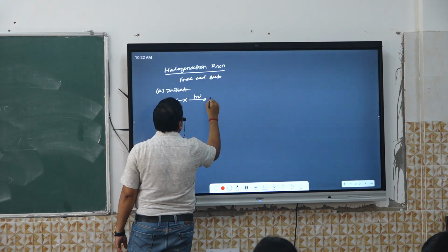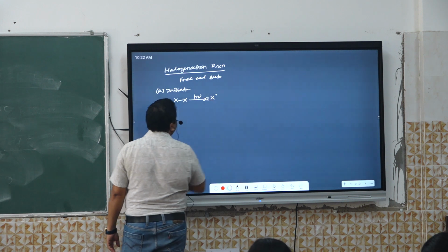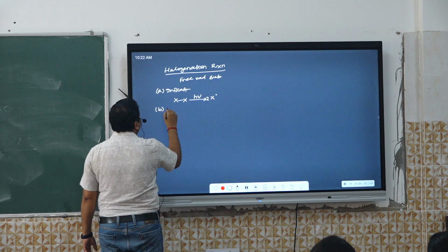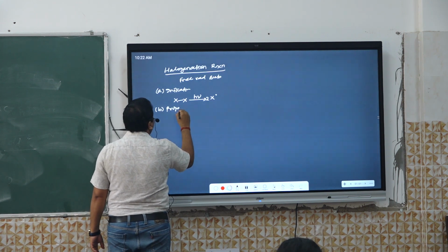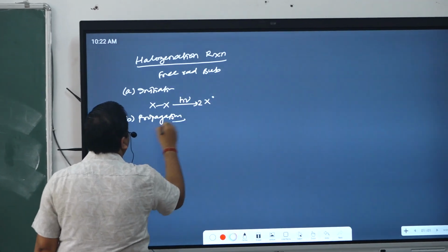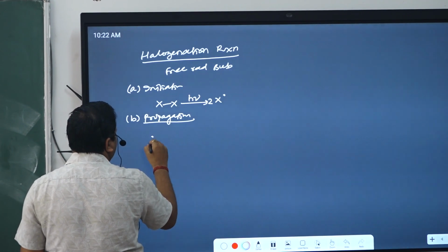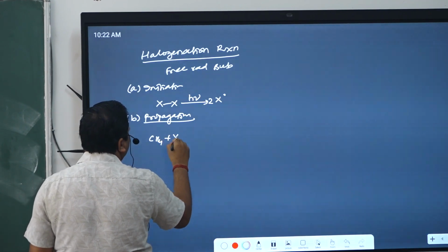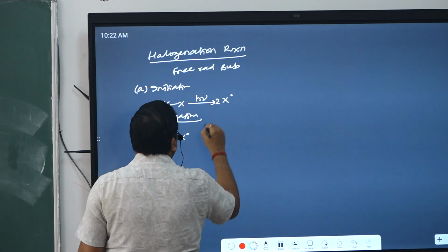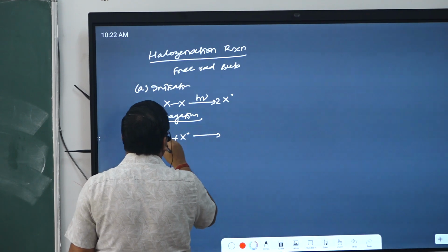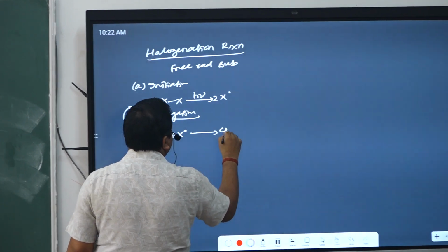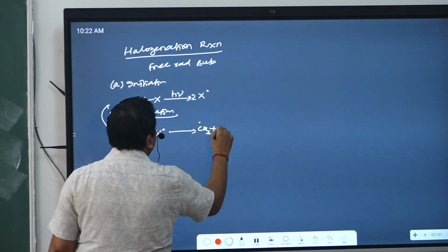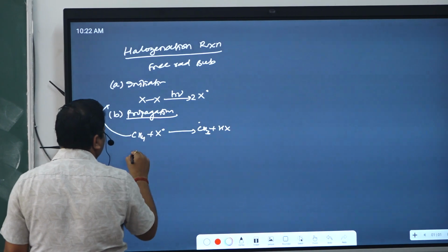H nu or sunlight gives 2 free radicals. Then propagation. Suppose you are taking CH4. After the initiation step, CH3 dot plus HX comes.